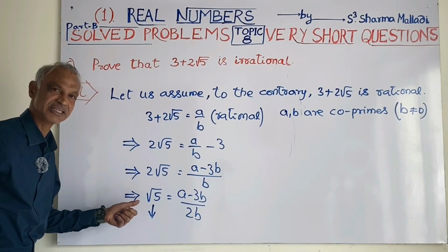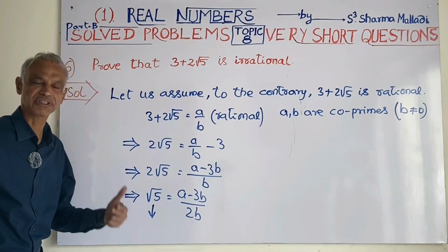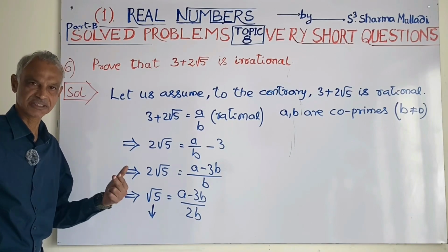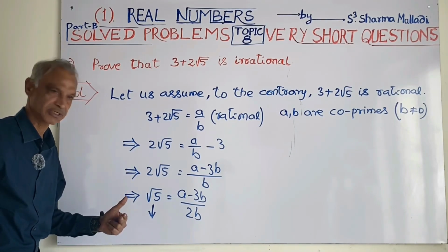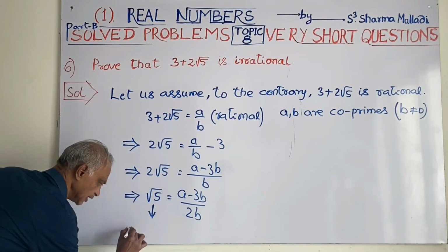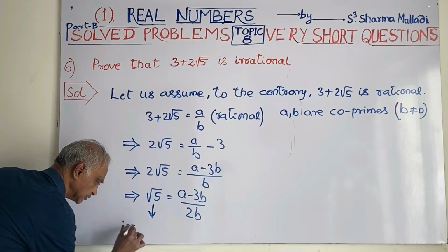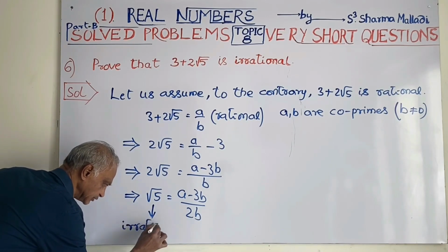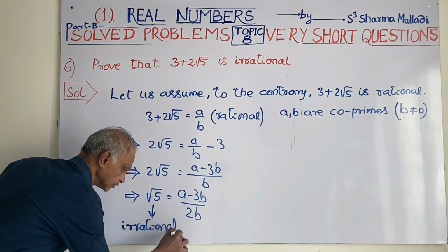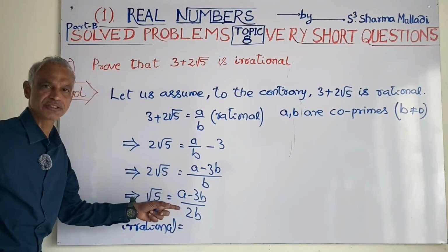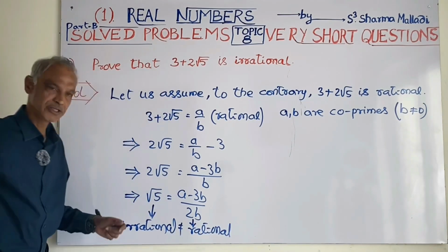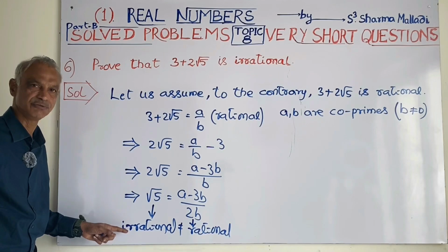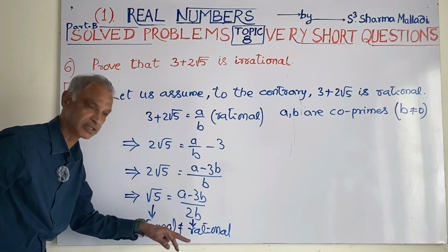We know root 2, root 3, root 5, root 6, root 7, these are all irrational numbers. We know root 5 is an irrational number, and this is a rational number. You see, this is irrational, we know, but this is rational.